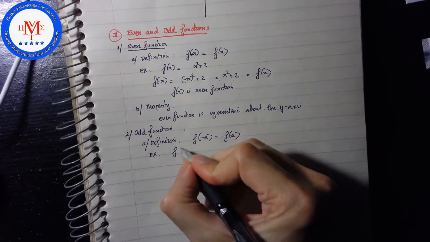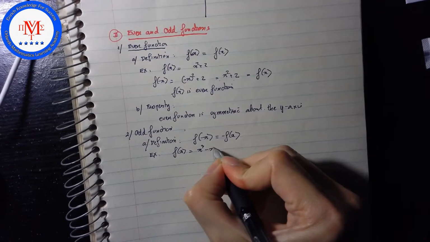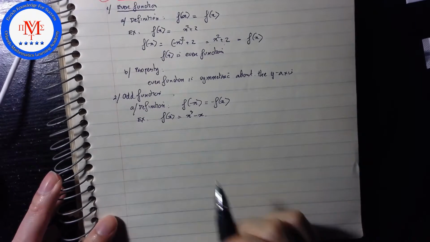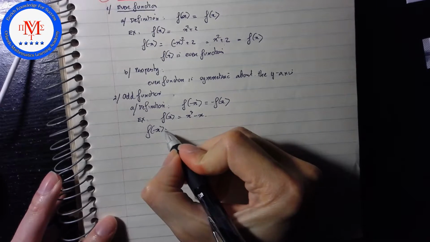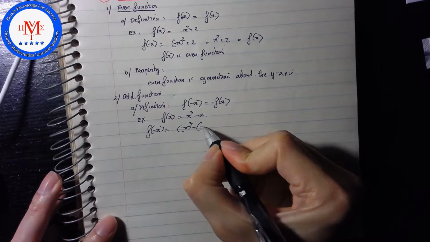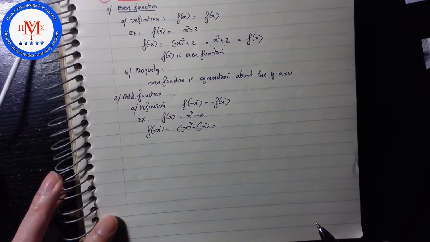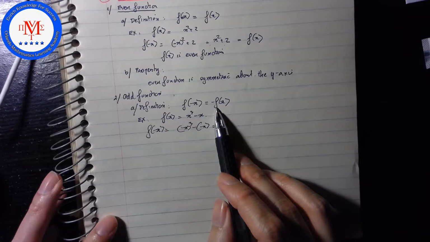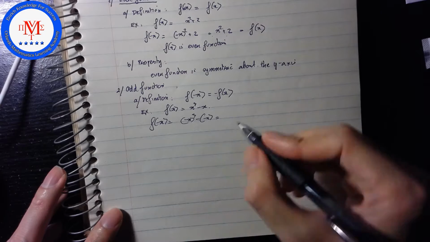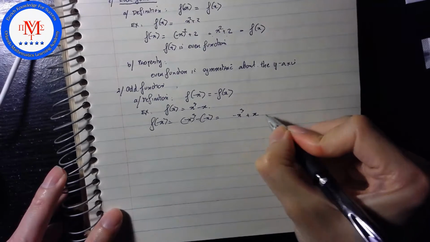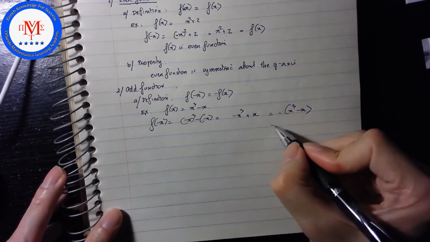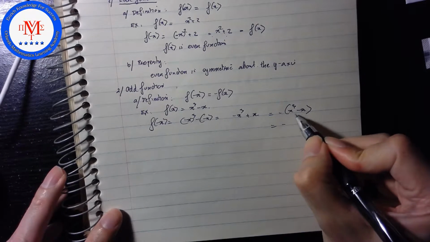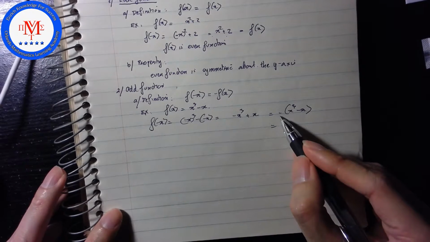Again, I need to replace the x with negative x, and I want to see if it turns out to be negative f(x) or not. If it turns out to be negative f(x), I can conclude it's an odd function. And it is. So right here, x cubed minus x is f(x), right? And we have a negative here, so it equals negative f(x). So we can conclude that f(x) is an odd function.